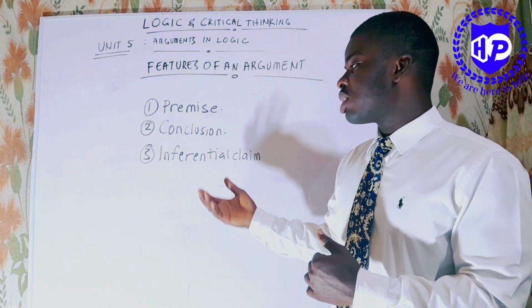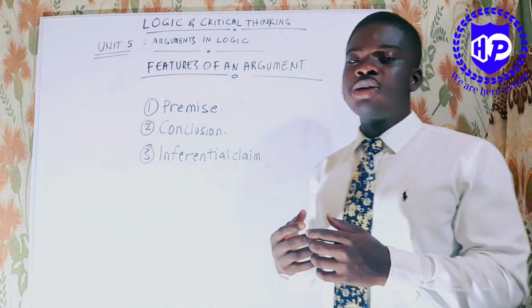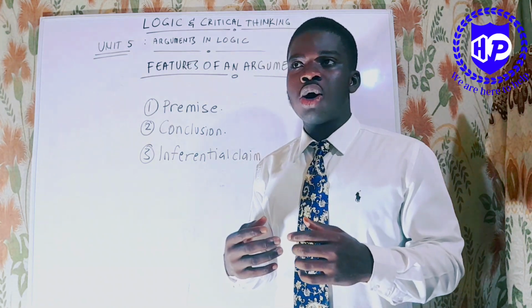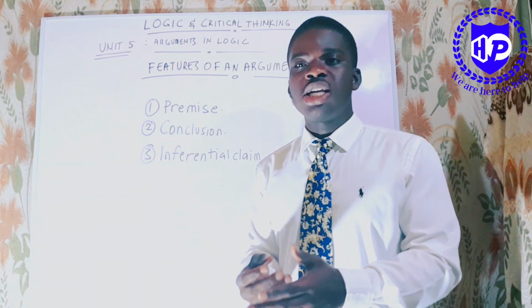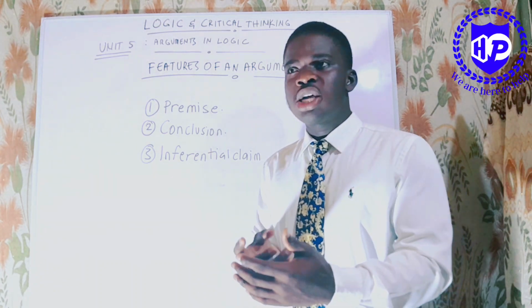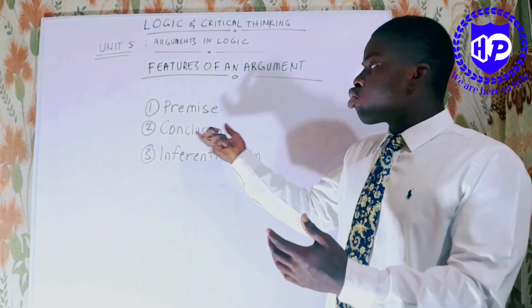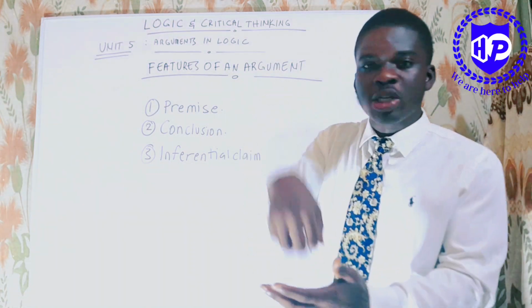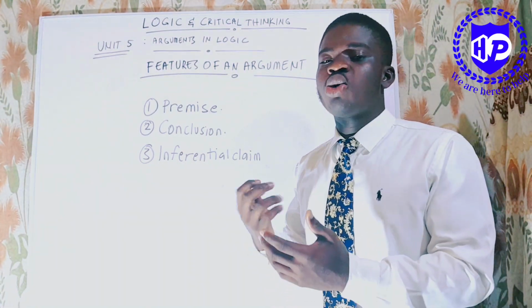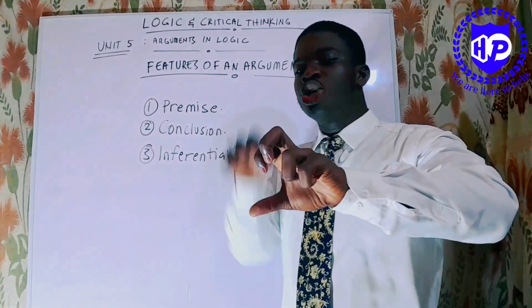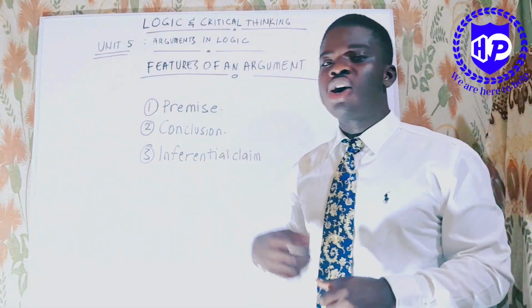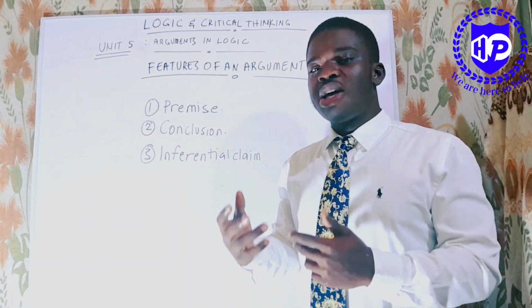But let's just say that every argument has an inferential claim. And this means that in every argument, the conclusion is drawing inference from the premises, right? So that's what we call the inferential claim. It is standing on the premises to make a claim. Let's look at the types of inferential claim.